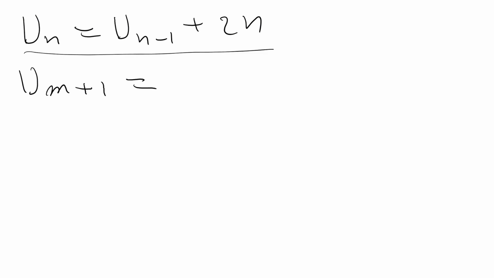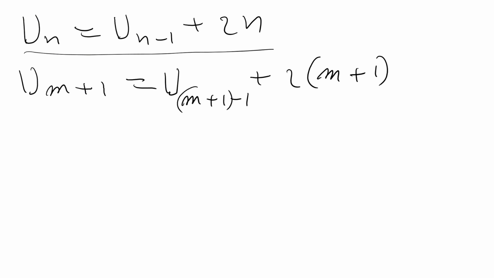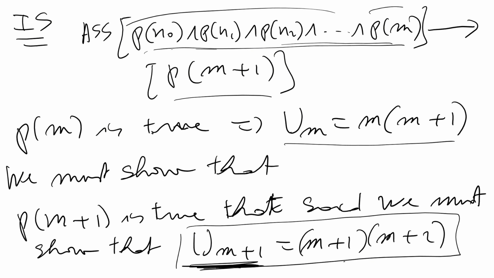Basically this is m plus 1 minus 1, because we replace n by m plus 1, then plus 2 times (m plus 1). So this is going to be u_m plus 2(m plus 1), right? But what happened is in the inductive step, we assumed u_m was equal to this.